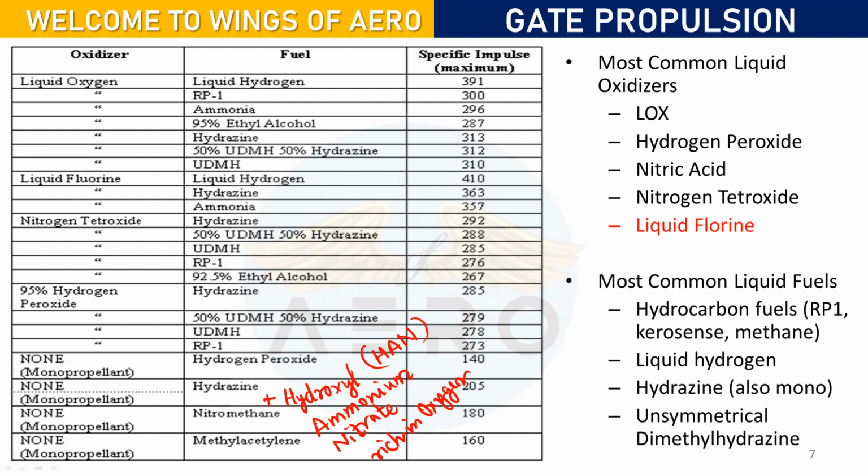Hydrogen peroxide is also known as a monopropellant. Nitromethane is also a monopropellant. Methyl acetylene is also a monopropellant. So there can be a question like find the suitable answer among the list.